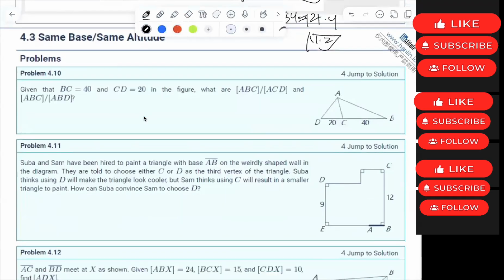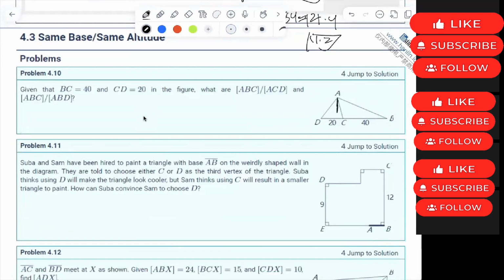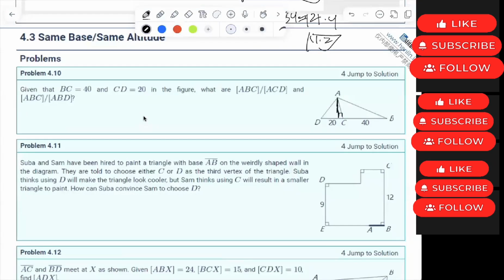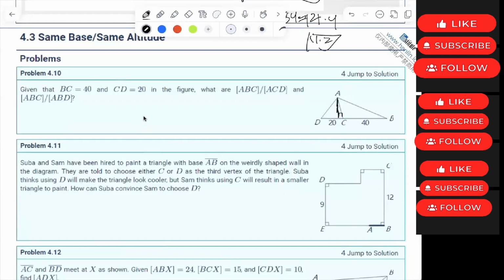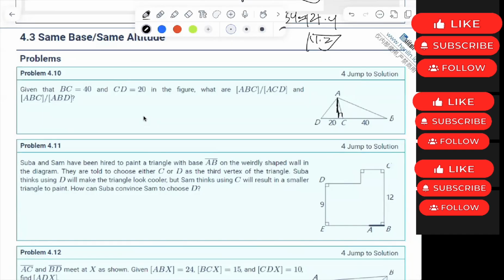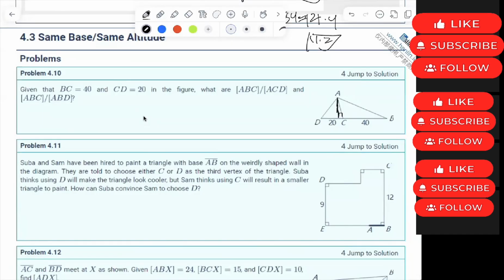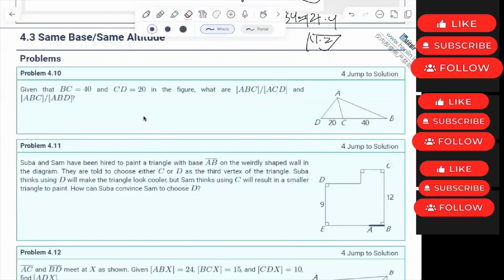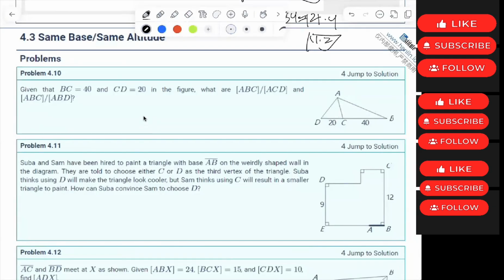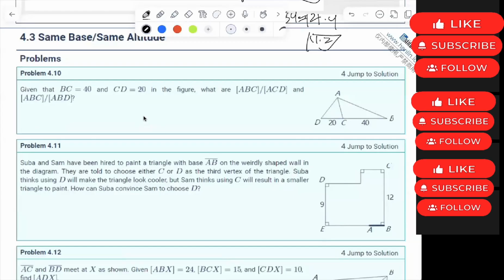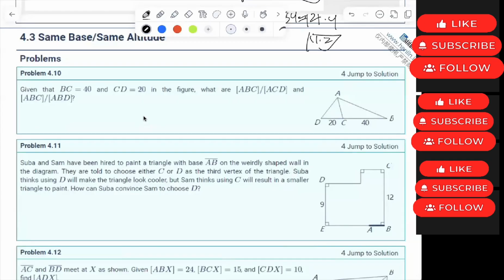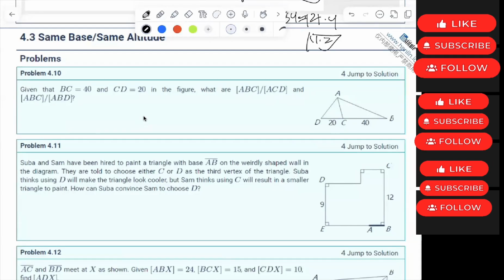They both have the same exact height because their bases are both on the line segment BD. So the heights are the same, and we're comparing the areas right now. All that matters is comparing the bases, and ABC to ACD is just 40 to 20.